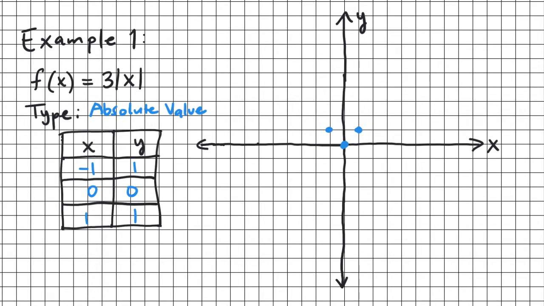And so we're going to have something like this. Oop, I don't like the way that came out. It's a little bit better. And then going the other way. That's the best that I'm going to do right now. Okay, so we have this absolute value, and then we have to see what's happening to it.